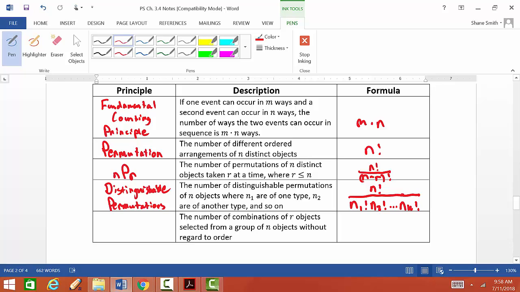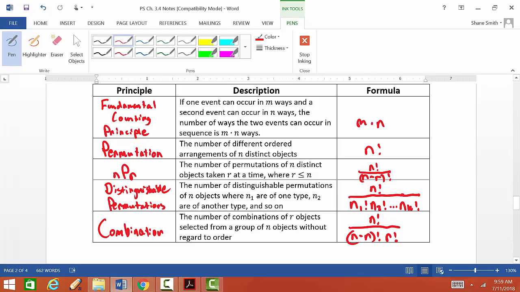And then there's the combination, which is n factorial over n minus r factorial, but then we add the r factorial in the bottom. I shouldn't use the word add, it's really multiply, but you know, it's in the bottom. Okay, so those are the 4 basic counting principles that you should know about.